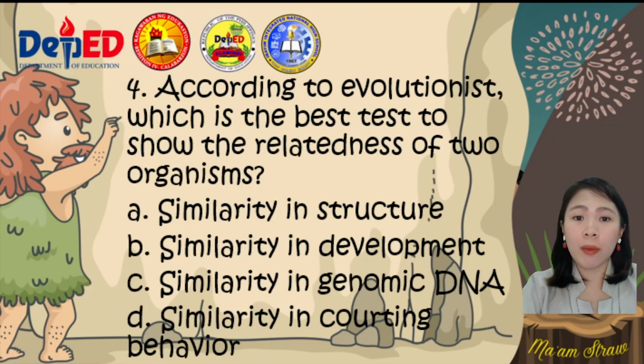For question number 4. According to evolutionists, which is the best test to show the relatedness of two organisms? A. Similarity in structure, B. Similarity in development, C. Similarity in genomic DNA, D. Similarity in courting behavior.